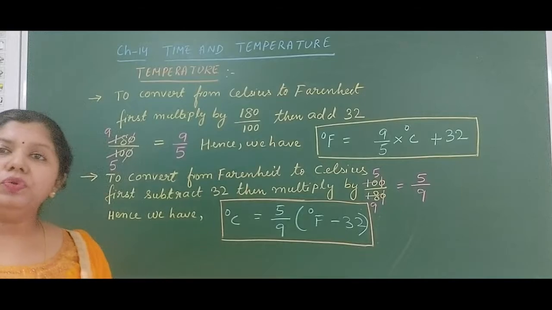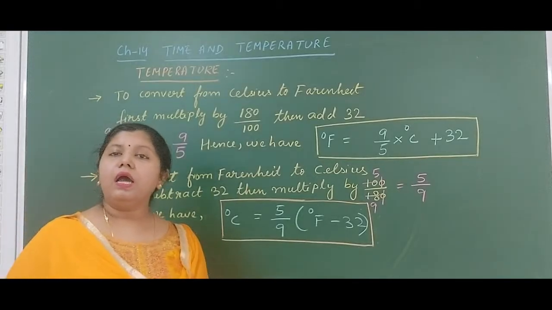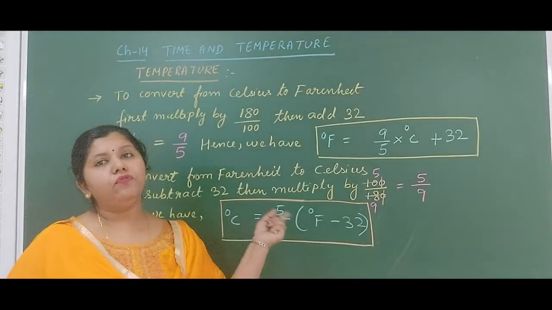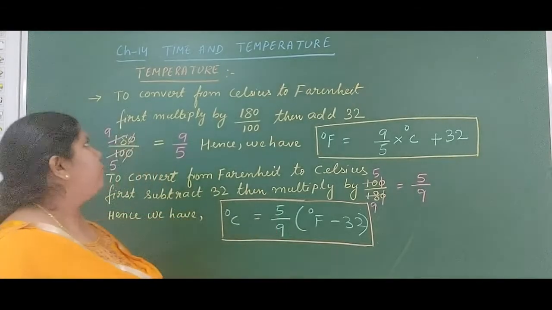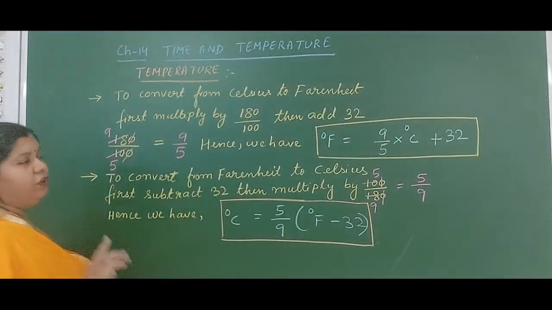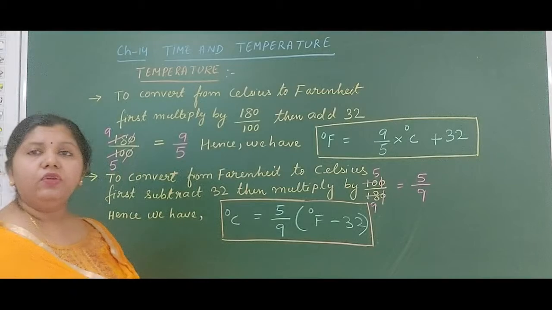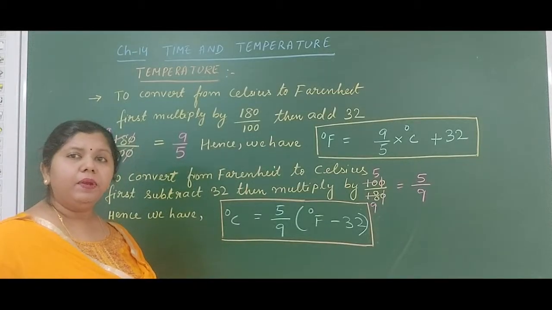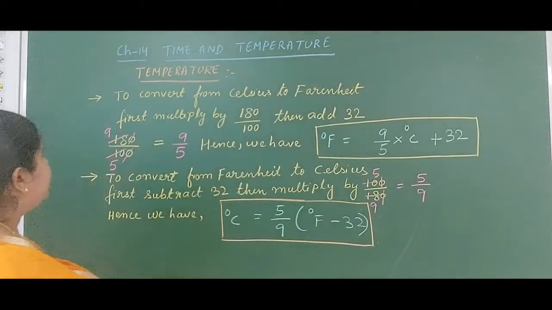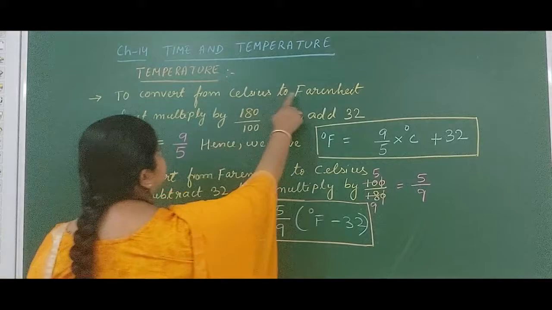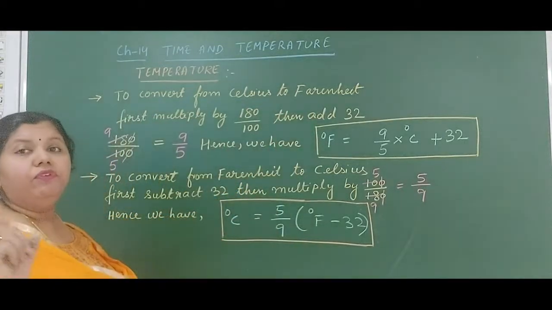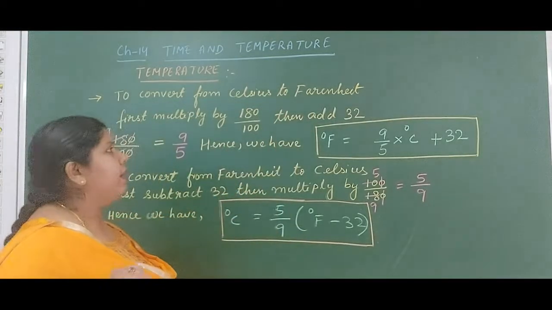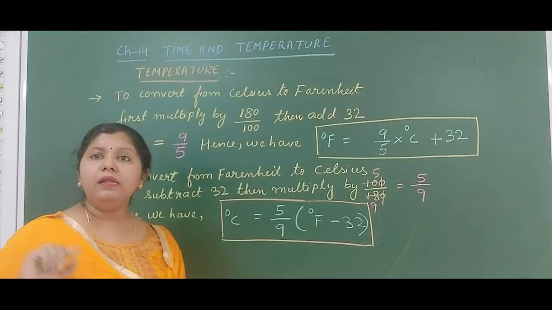Now next, we will understand how to convert from Fahrenheit to Celsius or from Celsius to Fahrenheit. First, we already know that you have to add or subtract 32 and multiply either 100 by 180 or 180 by 100. In the first case, converting from Celsius to Fahrenheit, we first multiply by 180 by 100 and then add 32.